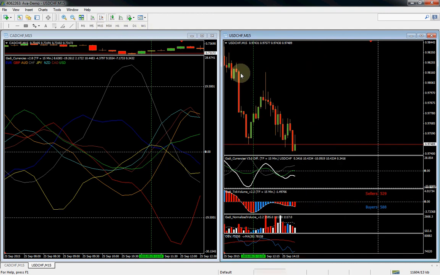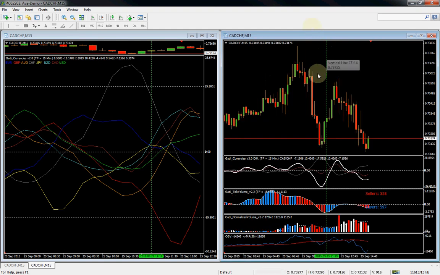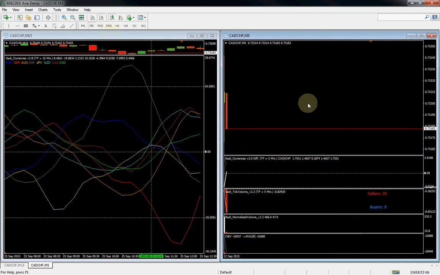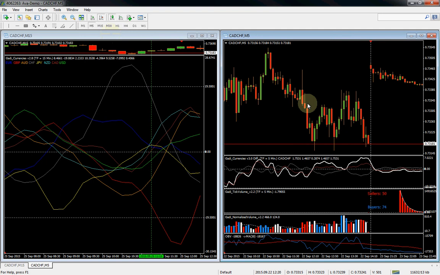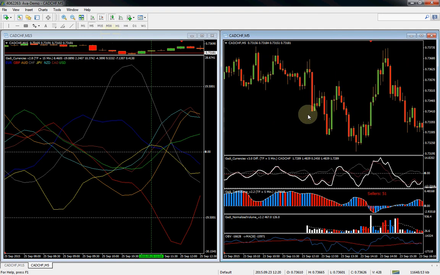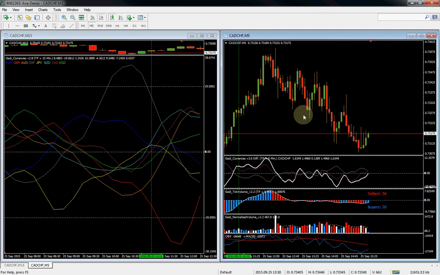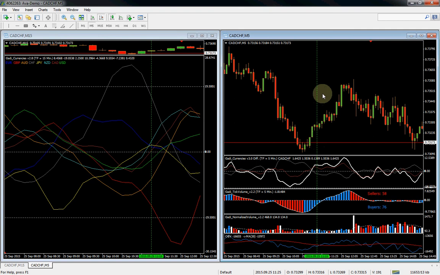Let's go back to the 15-minute chart. So Canadian dollar Swiss franc. Again, we're on a 15-minute chart. Let's go down to 5 and see how that looks. Wait for it to load up. There we go, a 5-minute chart.